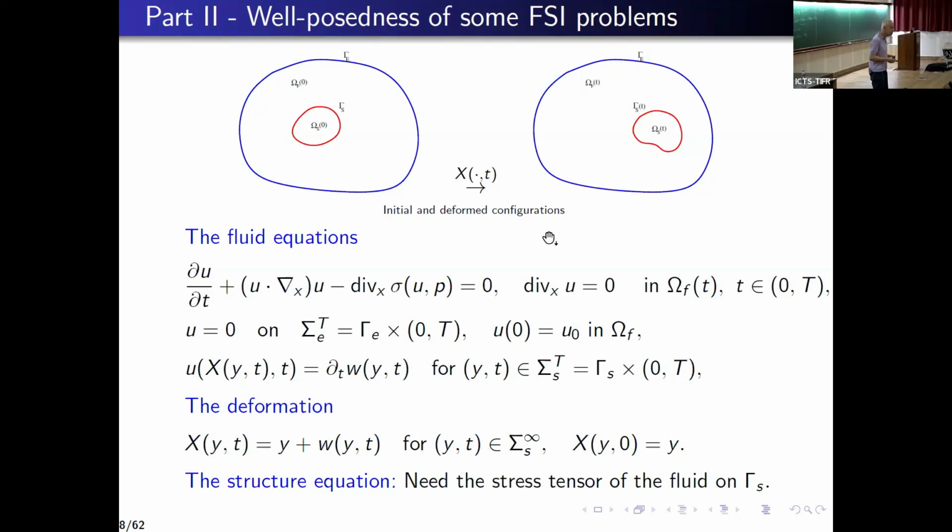There is some balance of momentum. So for that, what do I need? I need to calculate the force exerted by the fluid onto the structure.